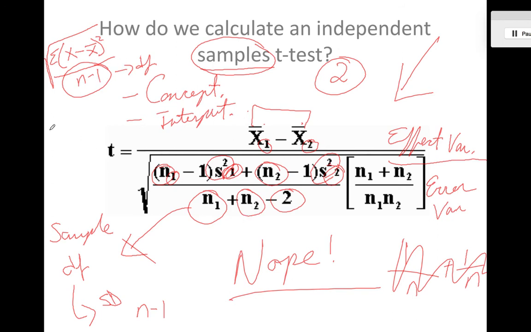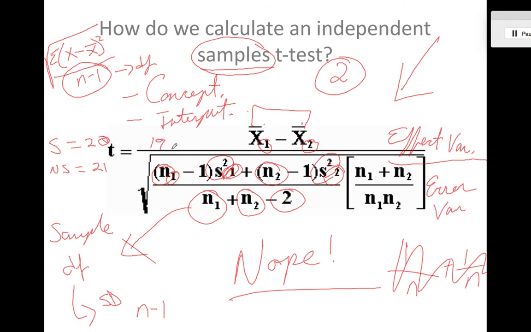So let's assume here that for the smokers, you had a sample size equal to 20. For non-smokers, let's say your number of participants was 21. So we have 21 people. So 20 for smokers, 21 for non-smokers. If we take n minus 1 for smokers, that will leave me with a value of 19.